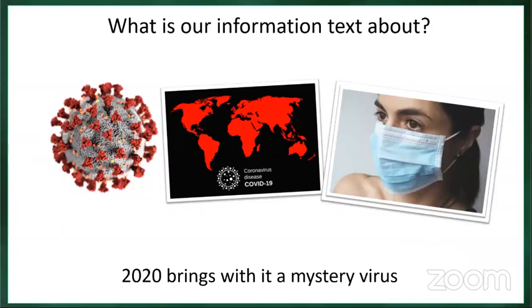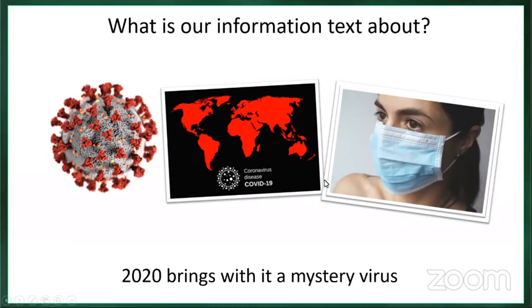Treasure, ma'am, is up. Treasure? Hello, Treasure. What do you think? The information is about coronavirus, and that it shows symptoms, and that you must do social distancing, wear a mask, wash your hands thoroughly.